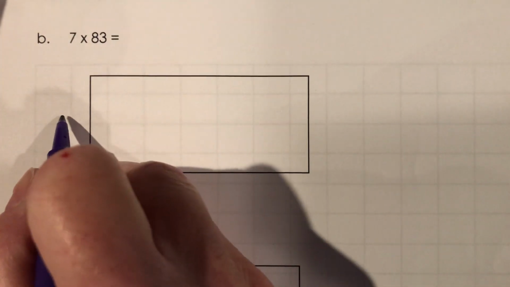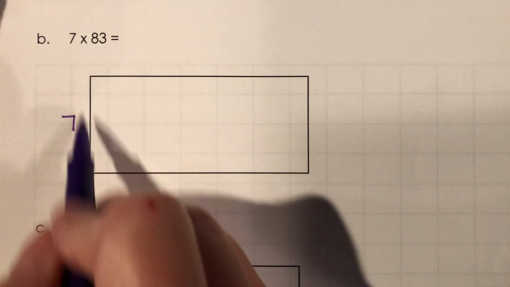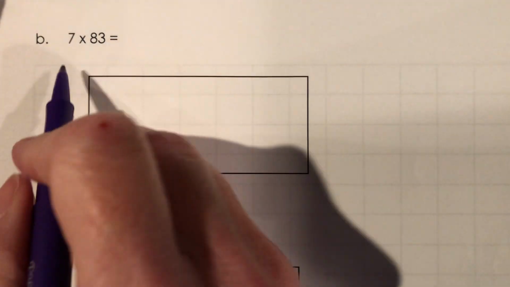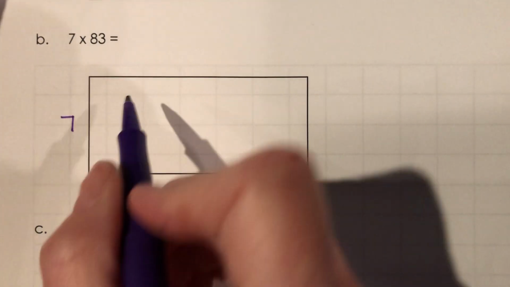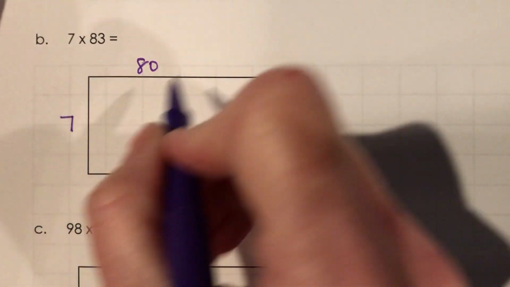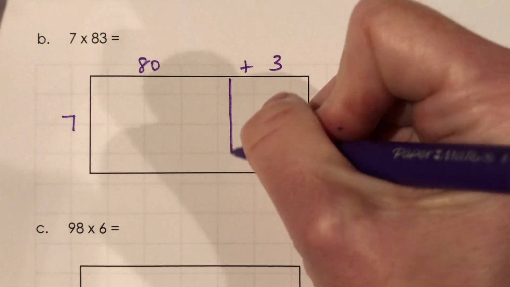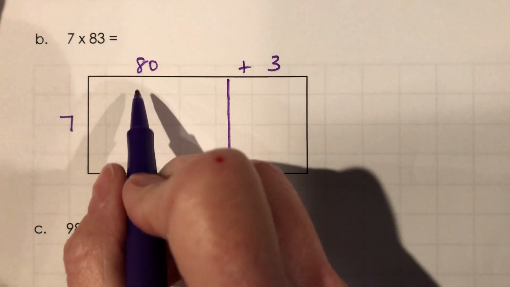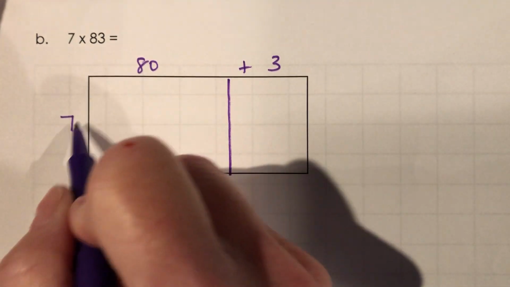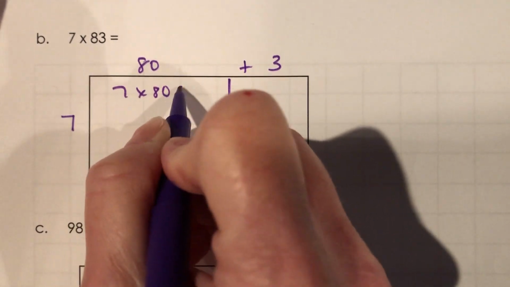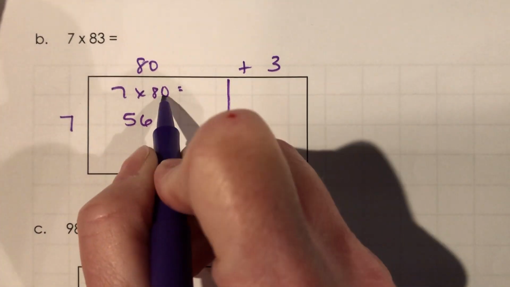That's fine too. I'm going to put the 7 on this side because it is shorter and 7 is a lower number. And I'm going to break this up into tens and ones. So I have 80 plus I have the 3. So 83, 80 plus 3, breaking that up by place value. To find the area of this piece, I would do 7 times 80. And I know that 7 times 8 is 56.